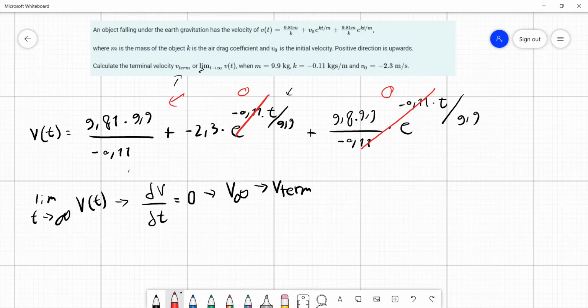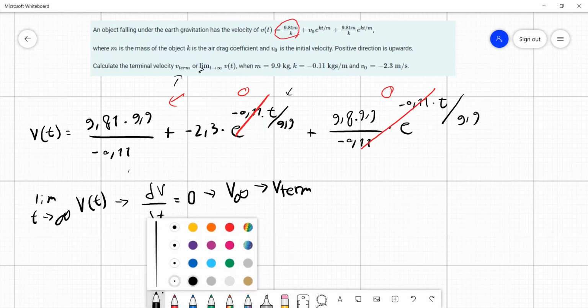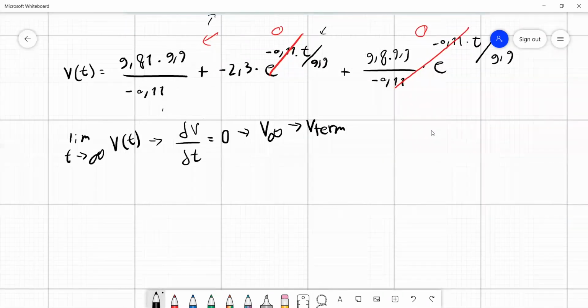But notice that in the original equation, that term has no t. And guess what? Turns out the physicists were right. If you want the terminal velocity, you could just use the gravity times mass divided by k equation.